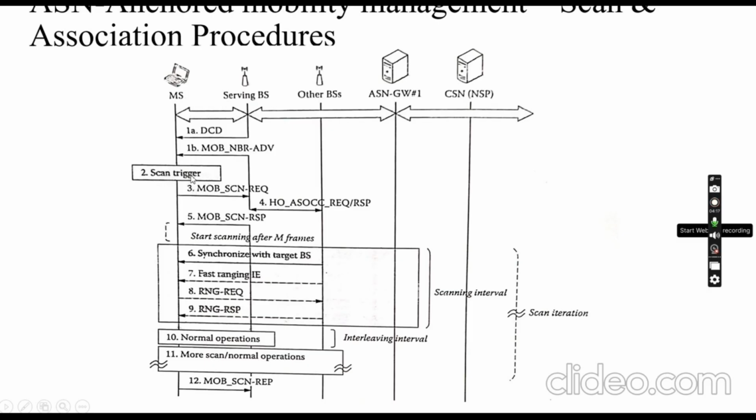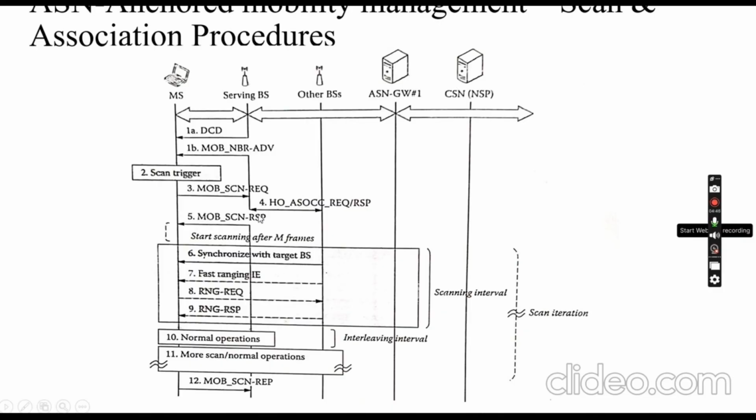After the scan trigger, the mobile station will send a control signal called scan request, SCN-REQ, to the serving base station. The serving base station will further connect to other base stations, it may be one, two, or any number, to get associations and check whether there is any possibility to connect a new mobile station.